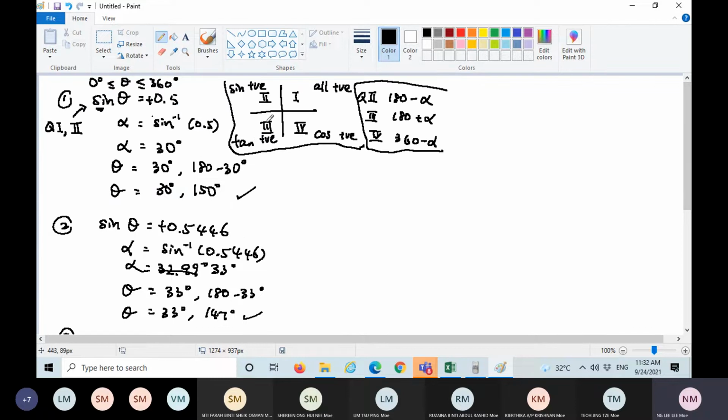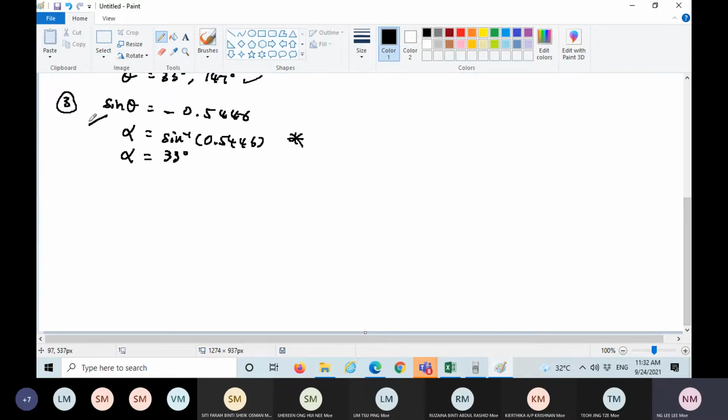Since sine positive is in the first and second quadrants, sine negative falls in the third and fourth quadrants.